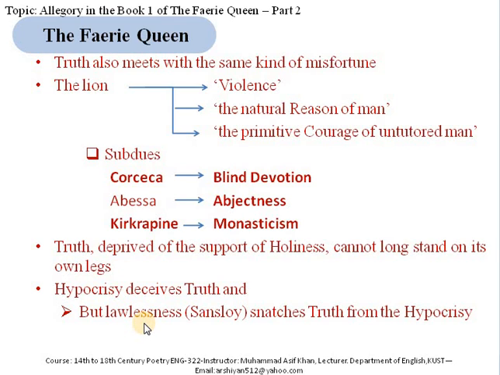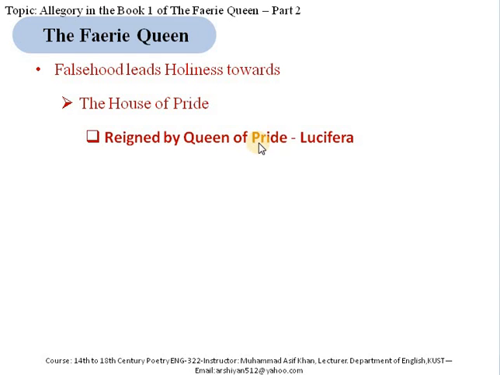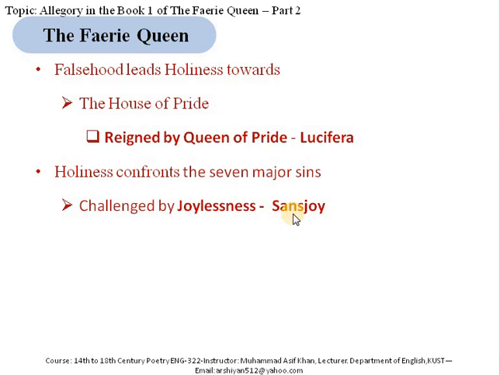On the other side, we see that falsehood leads holiness towards the House of Pride, which is ruled by Lucifera. Here, holiness encounters the seven deadly sins. He is also challenged by Sansjoy, who is actually the embodiment of joylessness or anxiety.